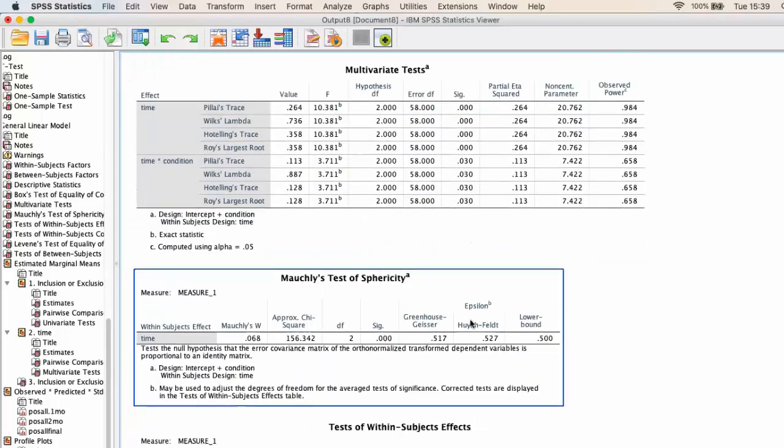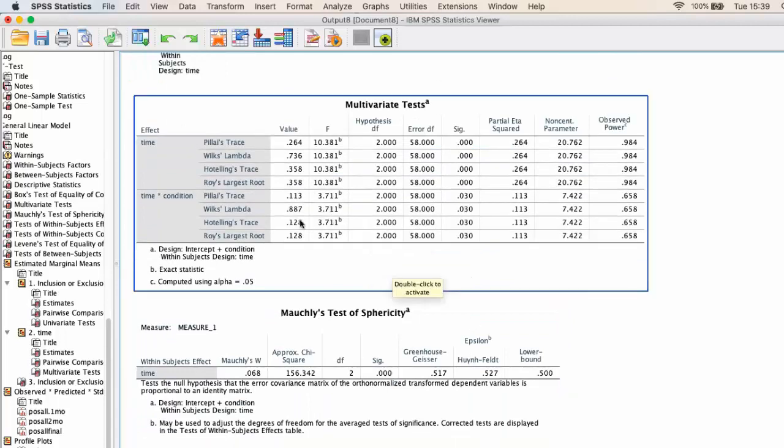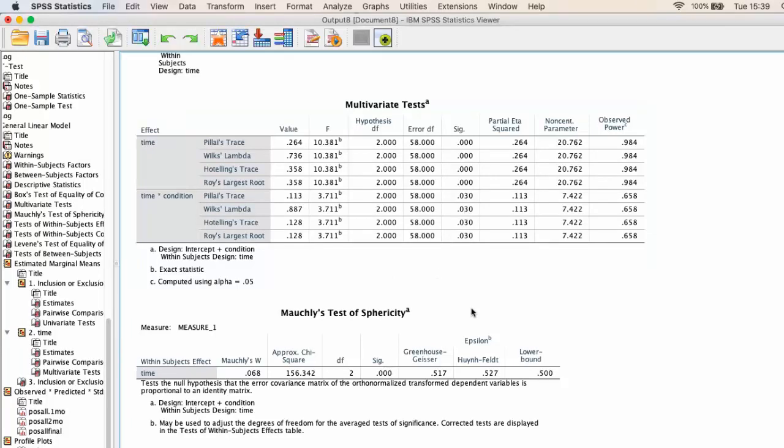All right, cool. Then you move down to here, where it looks like we got a significant interaction. So you would say the main effects are to be considered with caution, as the main effects may be misleading due to the significant interaction.